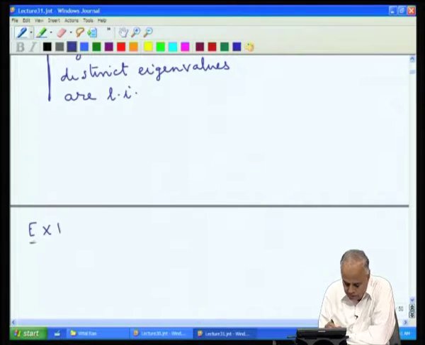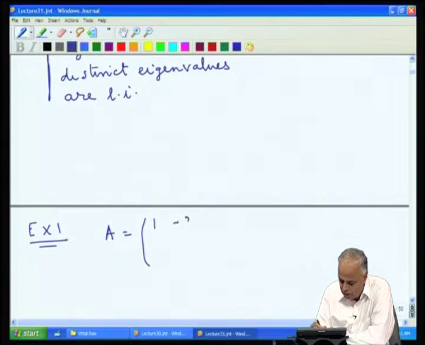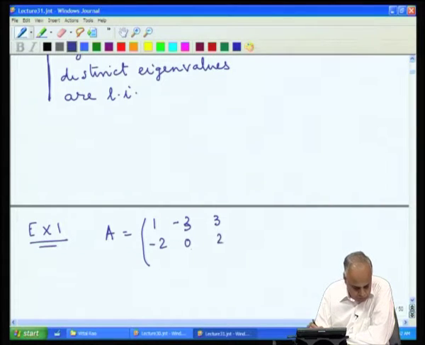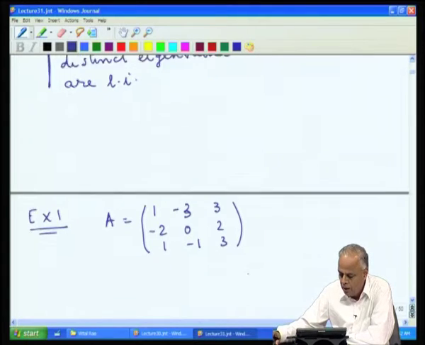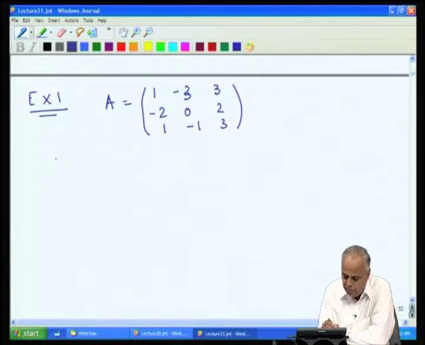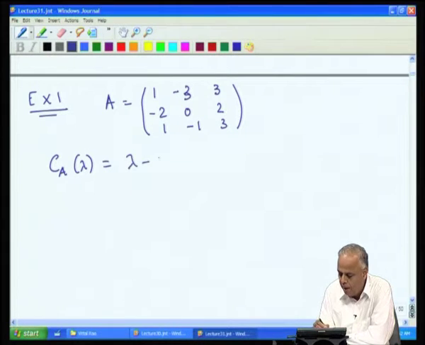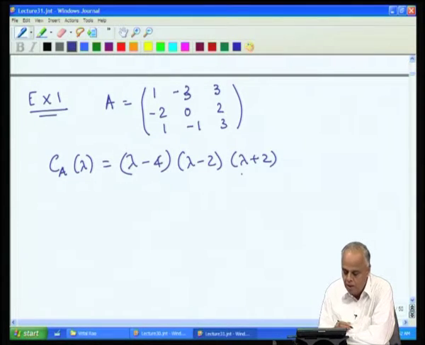Let us look at the first example, the same matrix which we looked at in the last lecture also: 1, minus 3, 3; minus 2, 0, 2; 1, minus 1, 3. In the last lecture, we found that the characteristic polynomial was (lambda minus 4)(lambda minus 2)(lambda plus 2).